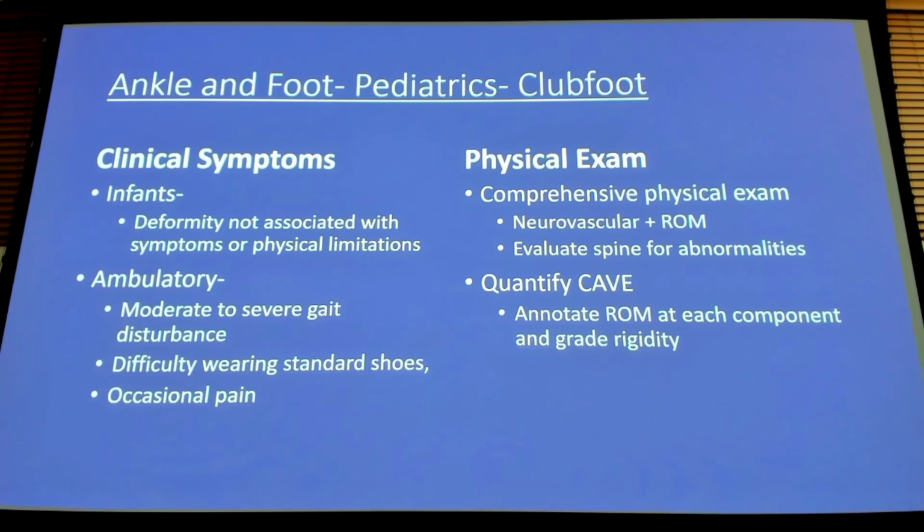Same physical exam as we did in the past for all the ortho injuries, except if it's a young kid, then you have to go back to whether or not they had some neurological congenital disorder at birth.